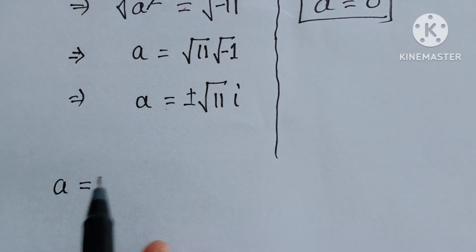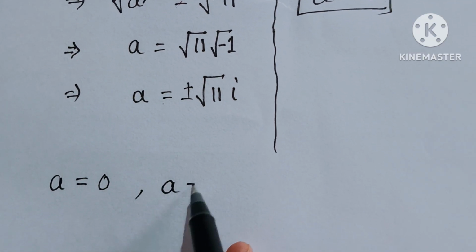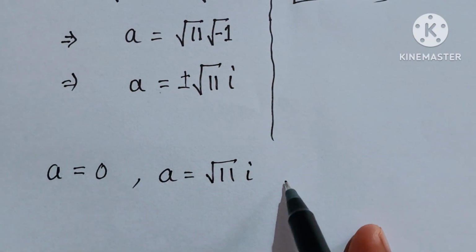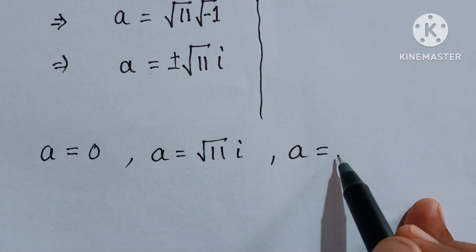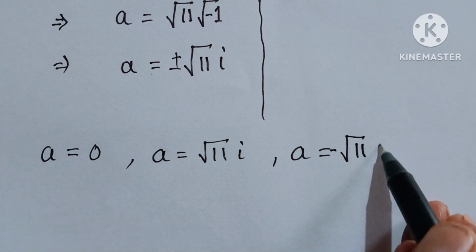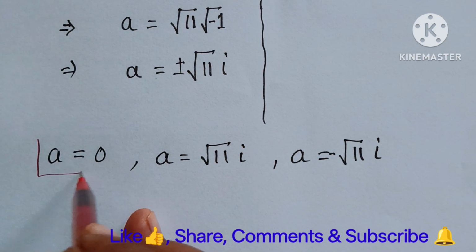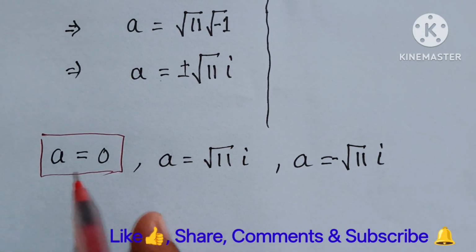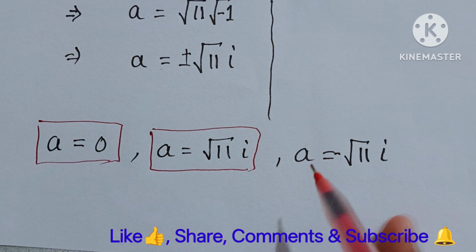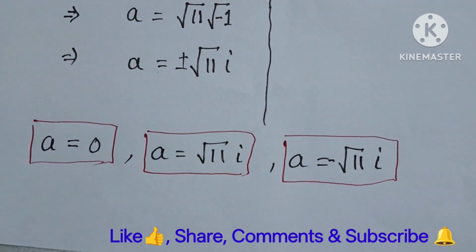So the values of a are 0, root 11 i and minus root 11 i. These are the three values of a.